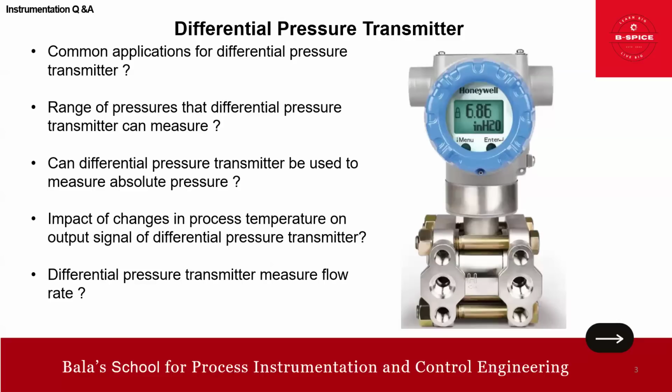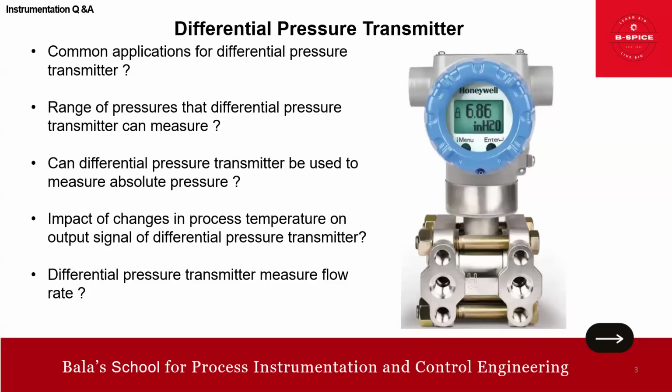Another question. Can a differential pressure transmitter measure flow rate? Yes, a differential pressure transmitter can be used to measure flow rate. How? By measuring the pressure drop across a restriction, such as an orifice plate, venturi, or flow nozzle.